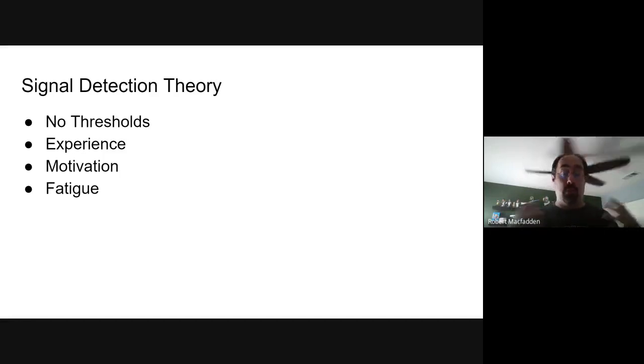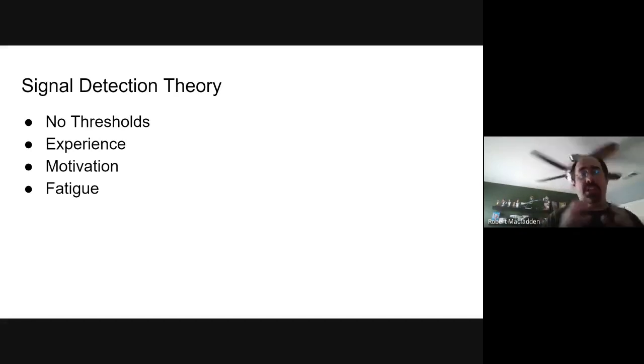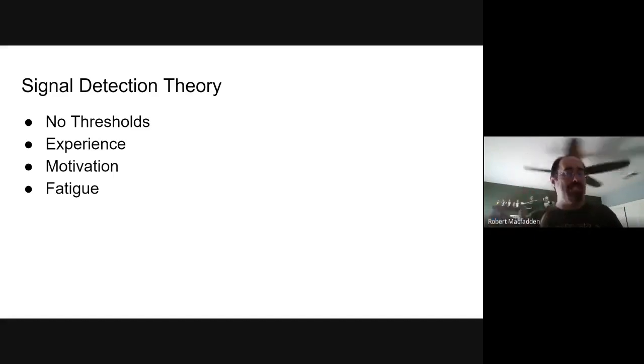So it makes it so that they get into plane crashes a little bit more often. Okay, so signal detection theory basically says there is no such thing as any kind of a threshold, and that if you're experienced in it, you have motivation to it, and you're not tired, you will be able to detect smaller and smaller and smaller stimuli. Okay, so absolute thresholds get thrown out the window along with difference thresholds.